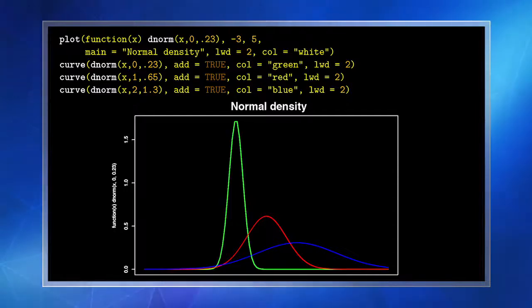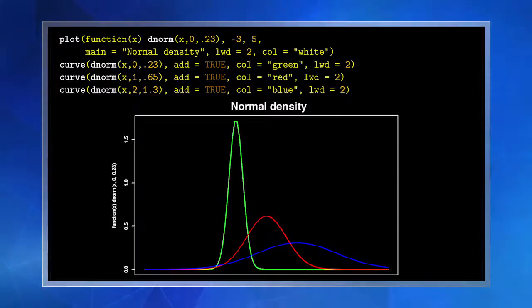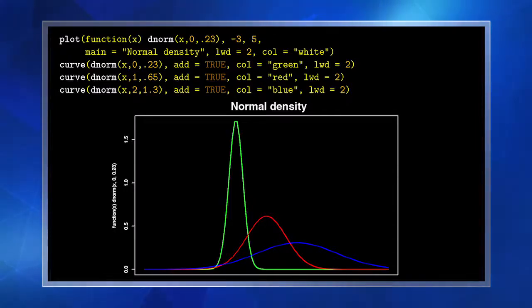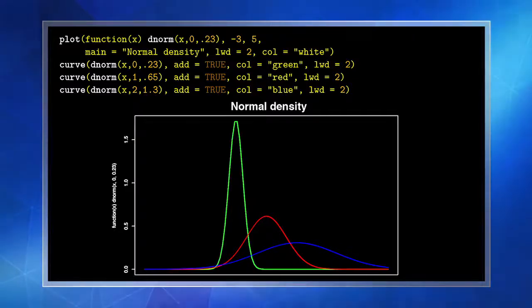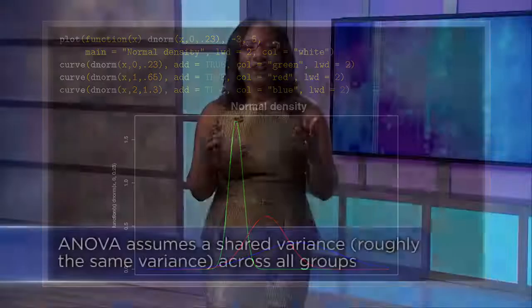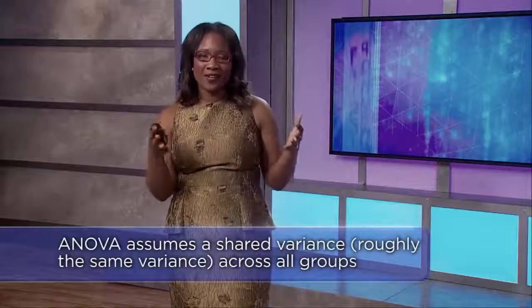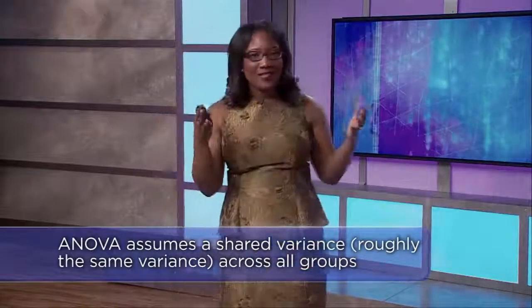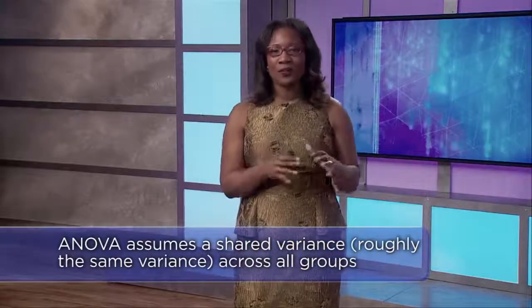Don't be misled by the name ANOVA into expecting to analyze just any kind of variance. On the contrary, ANOVA assumes a shared variance, meaning roughly the same variance across all of the groups. Now, it's looking only at whether the means with that shared variance could also have come from the same distribution.